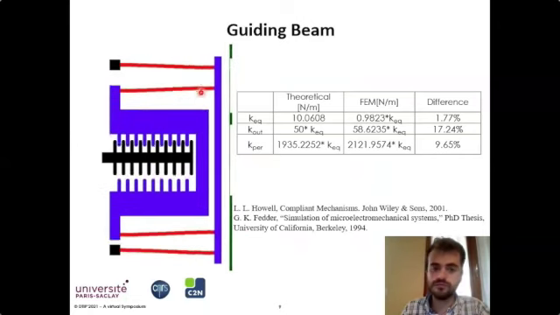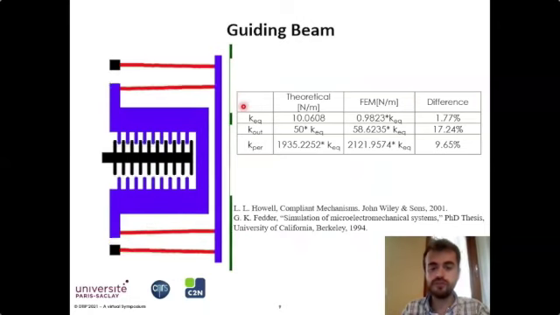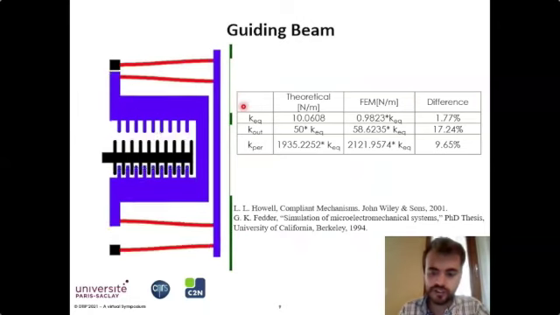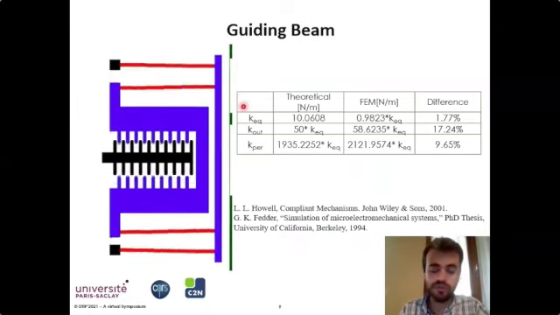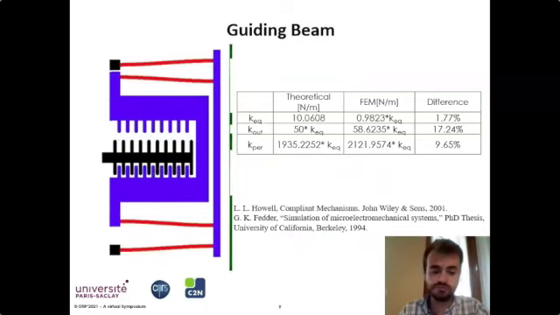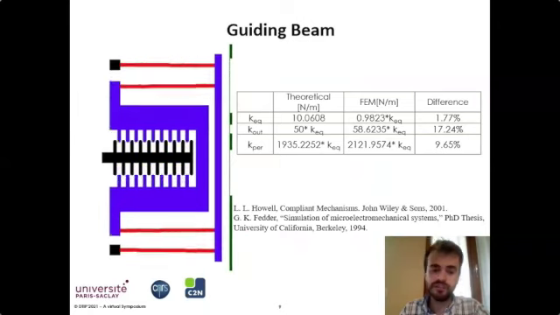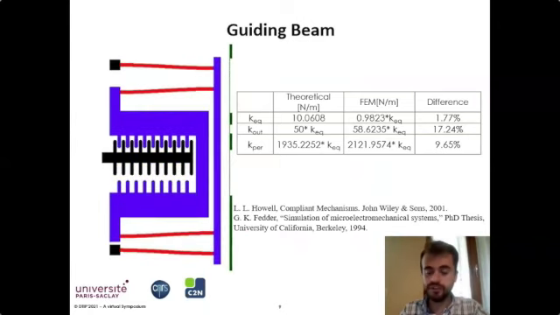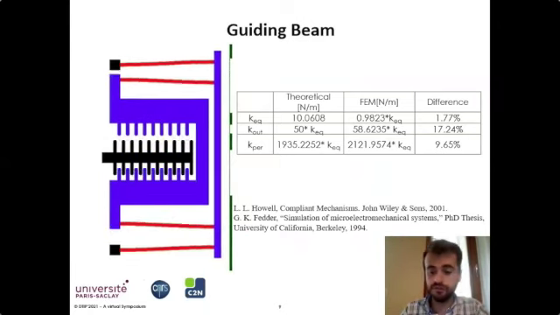And so this is nice because it's not as rigid as the opposing beam geometry, but it doesn't have this extra rotation. It has the same direction of the folded beam, but this time we have a very strong perpendicular restoring force.